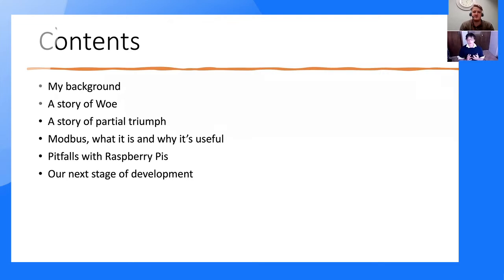I'm specifically going to talk about Modbus, because this is a very useful thing that I've discovered, and it's a machine-to-machine protocol which any aspiring IoT guy should know. I'm also going to talk about the pitfalls that I encountered with Raspberry Pis and how to get around them, and a bit more about where I've come to now and where I see myself and the company that I've started going forward in the future.